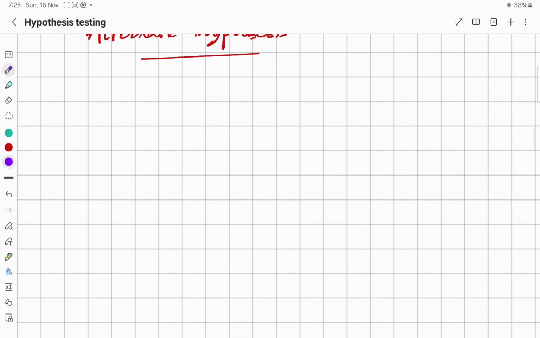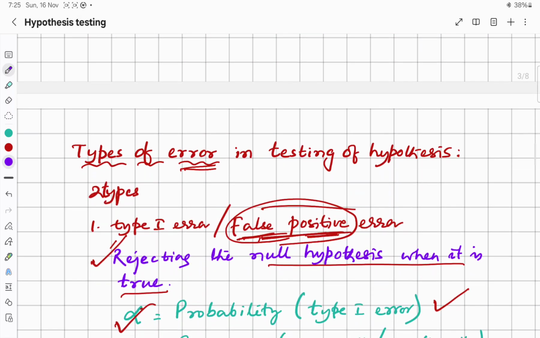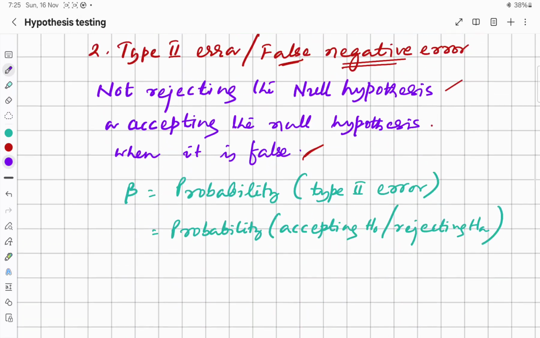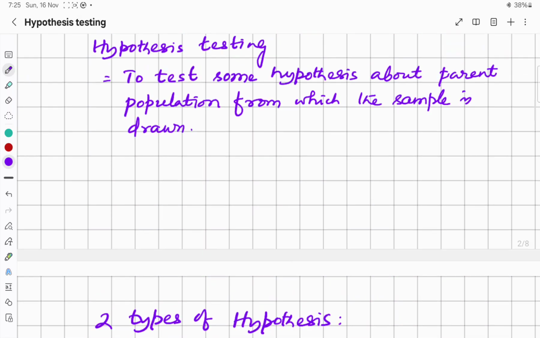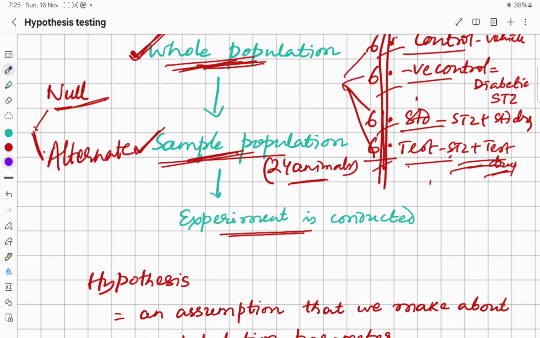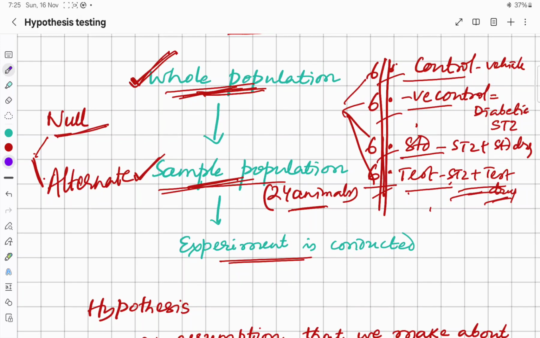Just because it is not possible to conduct the experiment on the whole population, we take a sample of the population and conduct the experiment. We can assume that the mean of the population is the same as that of the sample, that is the null hypothesis.